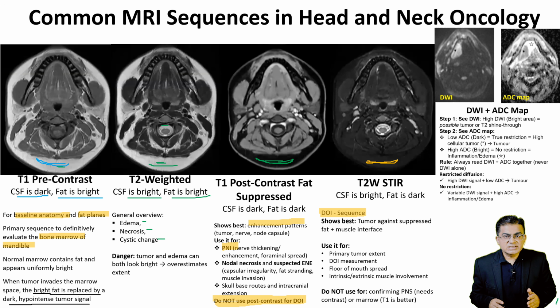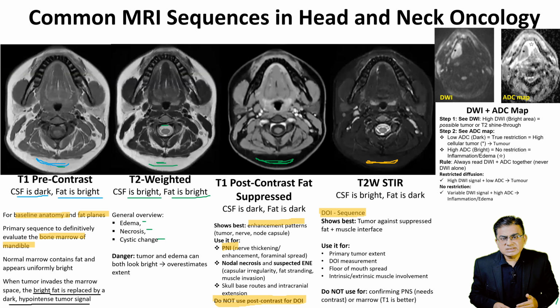Squamous cell carcinoma is highly cellular and appears bright, while the dense intrinsic muscles of the tongue appear profoundly dark. This creates a razor sharp measurable boundary between the cancer and the normal tissue.